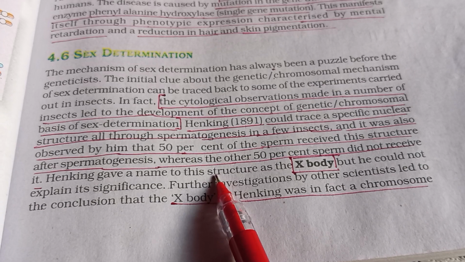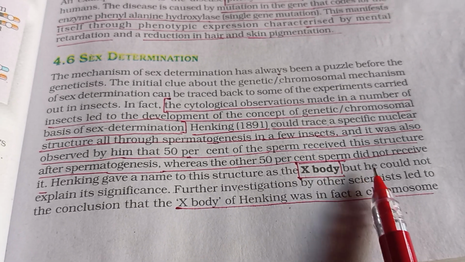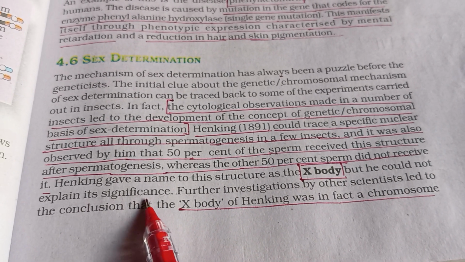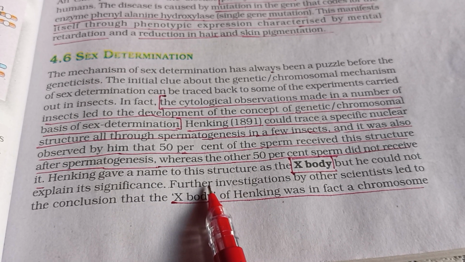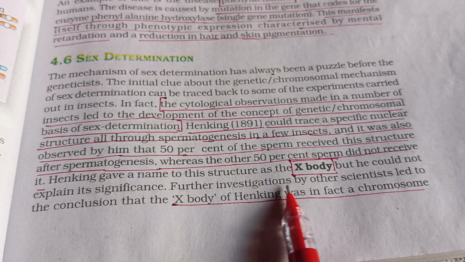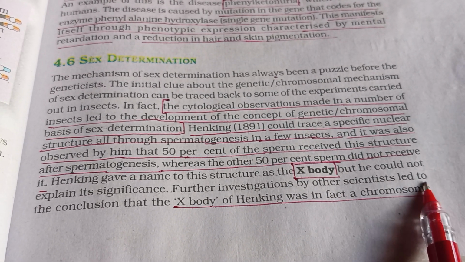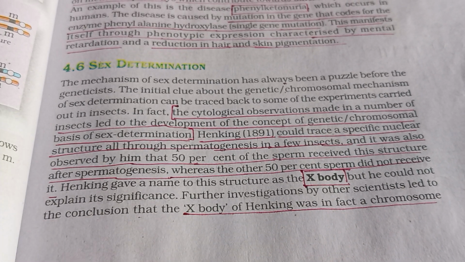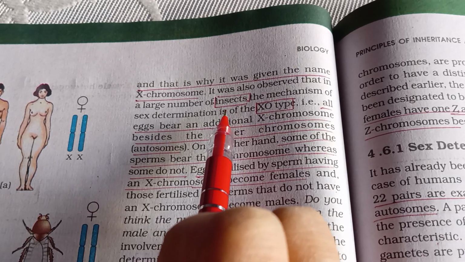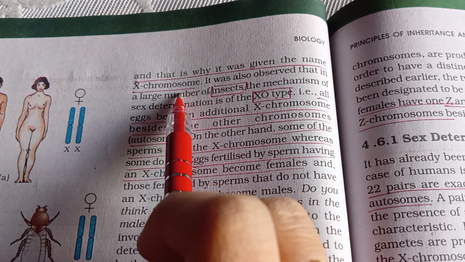So Henking gave a name to this structure as the X body, but he could not explain its significance. Further investigations by other scientists led to the conclusion that the X body of Henking was in fact a chromosome, and so it was given the name X chromosome.